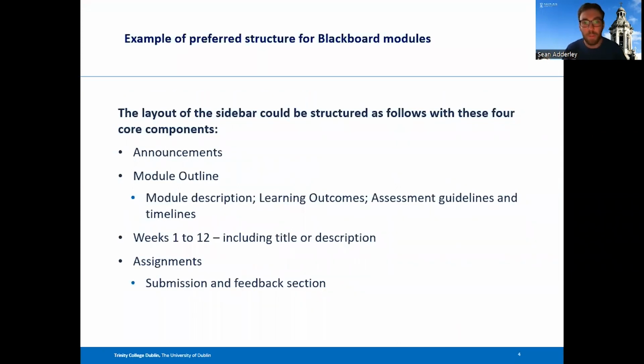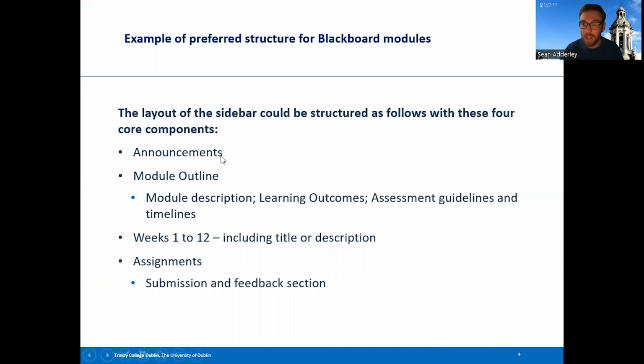An example of the preferred Blackboard module structure was identified by the Trinity student partners, but also by school champions and other academic partners that we worked with, who say the structure works quite well. The layout of the blue sidebar in the modules could be structured as follows, with these four core components.